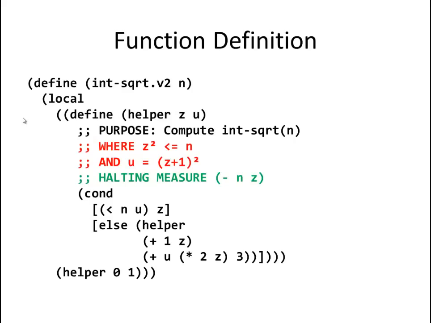And instead of saying helper z plus 1, helper is now a 2-argument function. I have to give it the new argument u, and I just computed that the new value of u should be u plus twice z plus 3.